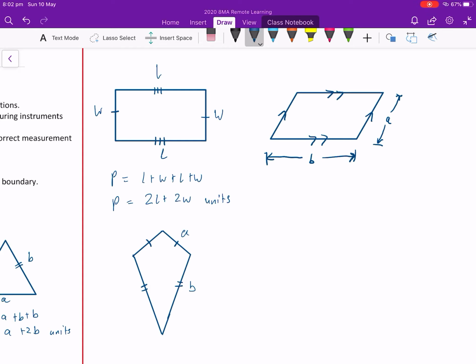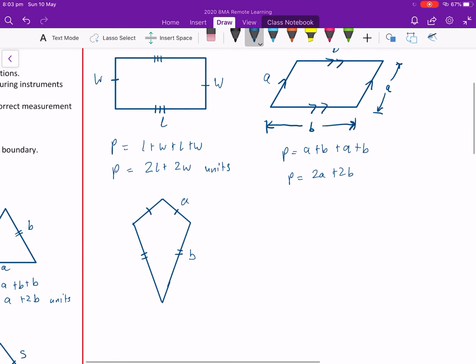So here, if the lower length is B, the top length is B, and the side length over here must be A to match the A on the other side. So the perimeter here will be A plus B plus A plus B. So the perimeter in total would be 2A plus 2B. All right, awesome. One to go.